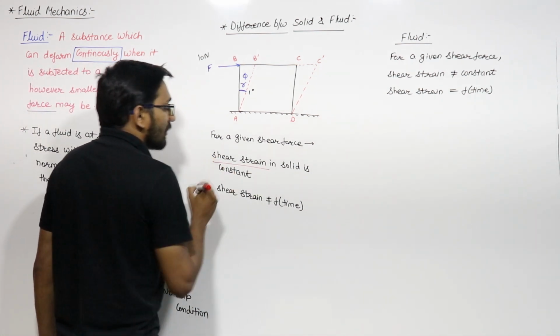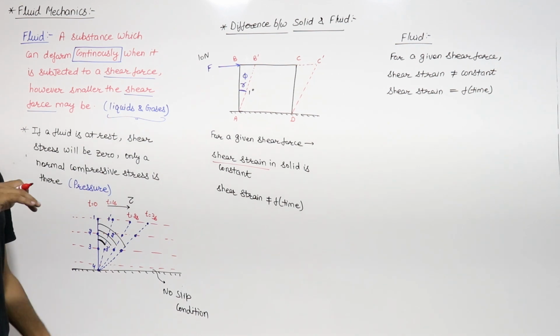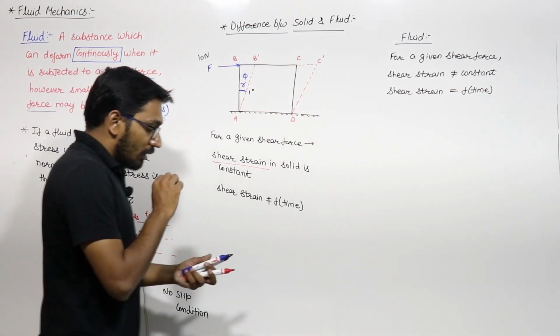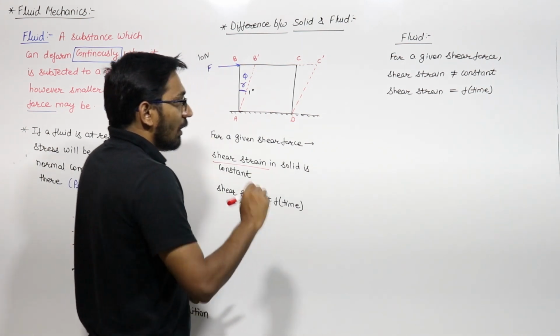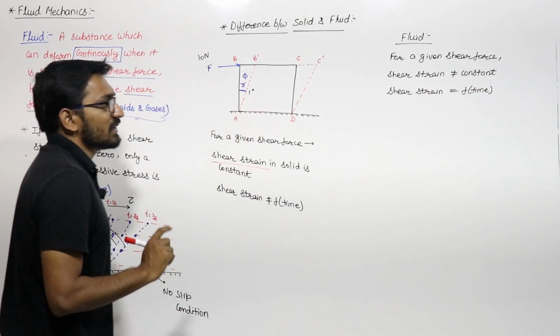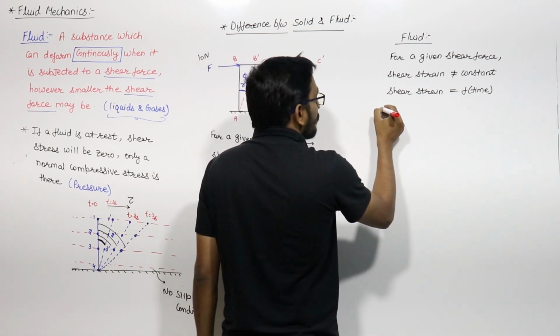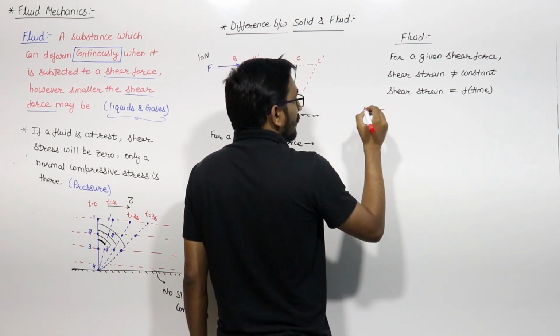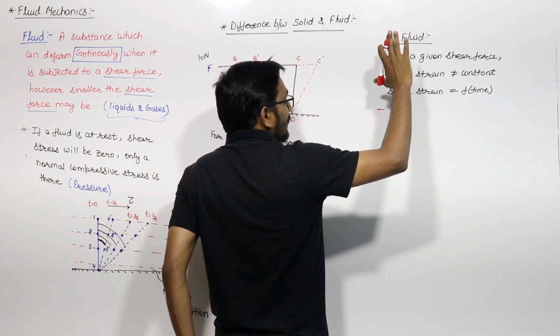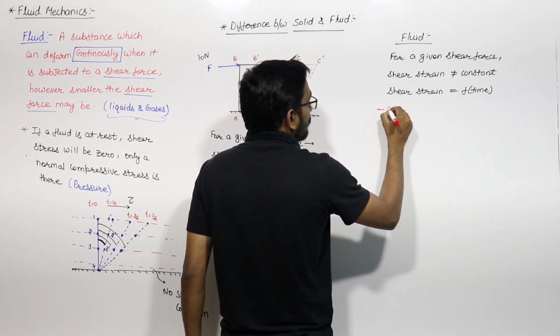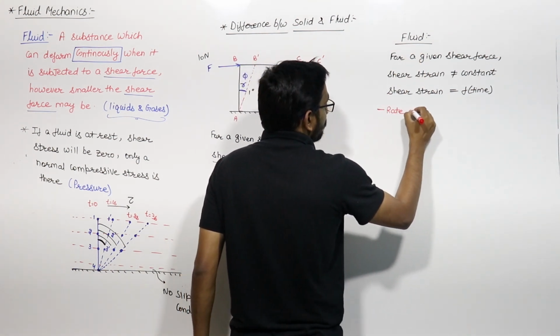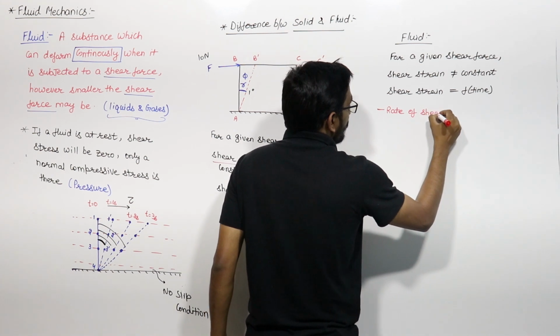That's why in solid, if you remember the strength of material, we only say what is the shear strain corresponding to a shear force, how much shear strain is developed. But in fluid, as shear strain is a function of time, a new term comes into picture, that is rate of shear strain.